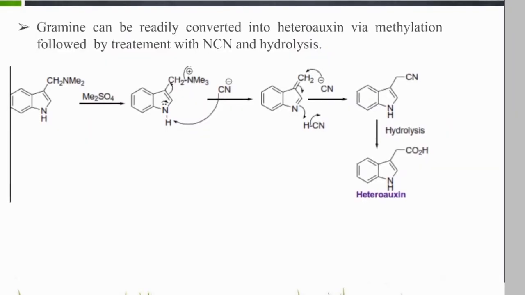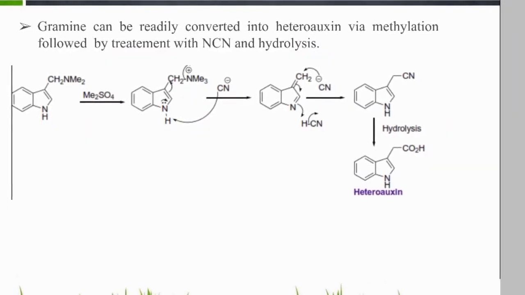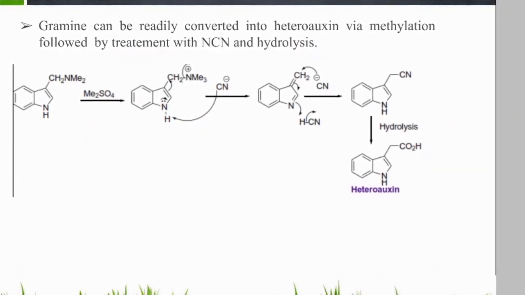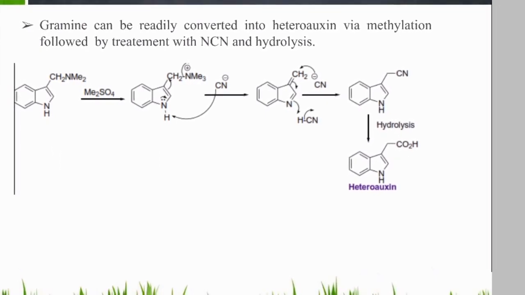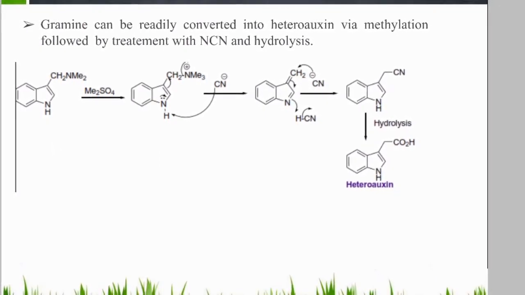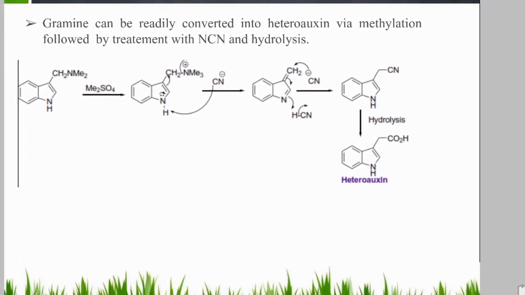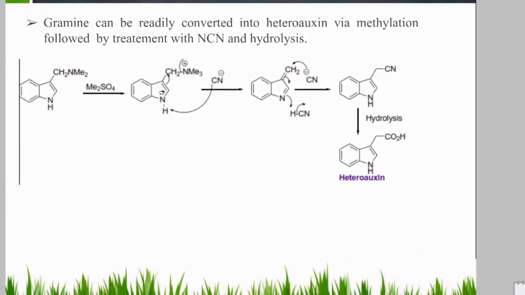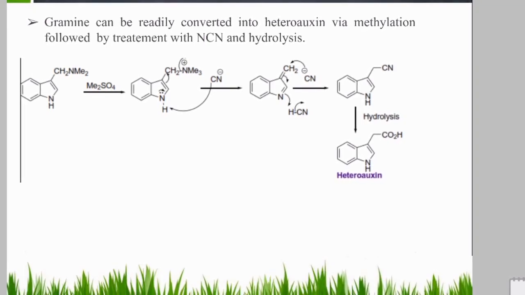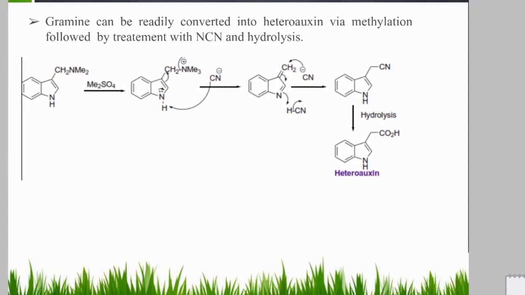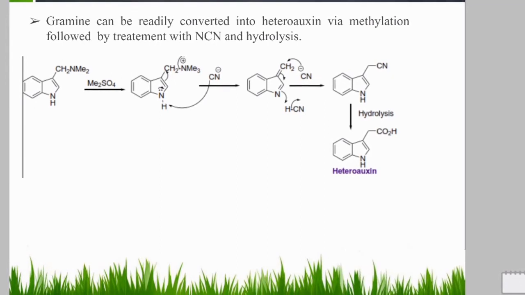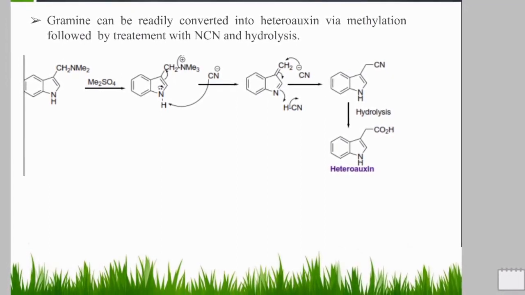The best example is that gramine can be readily converted into heteroauxin by methylation followed by treatment with NaCN and hydrolysis. So this is how it could be represented. So synthesis of heteroauxin is an example of Mannich reaction.